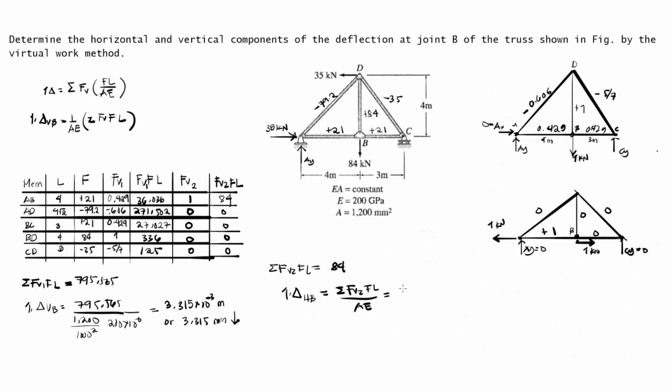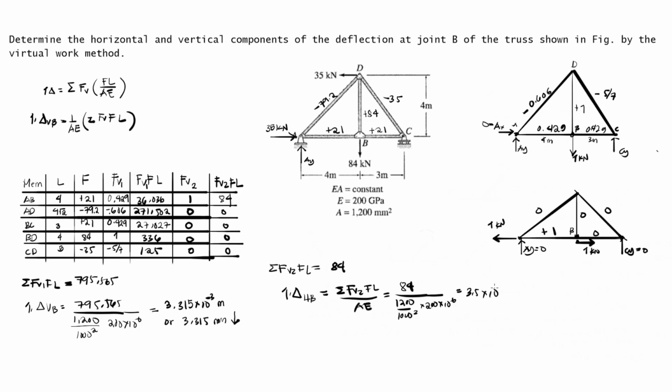So, ang FV2FL natin, okay, summation of FV2FL natin, nakuha natin yan, 84 divided by AE, the same lang naman doon. So, 1,200 all over 1,000 square times 200 times 10 raised to 6.